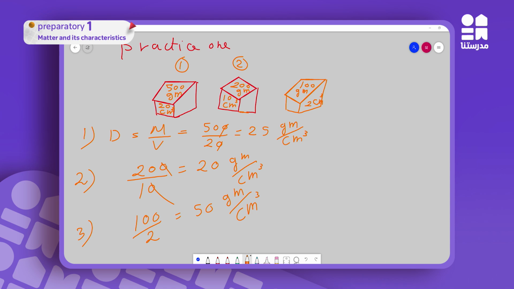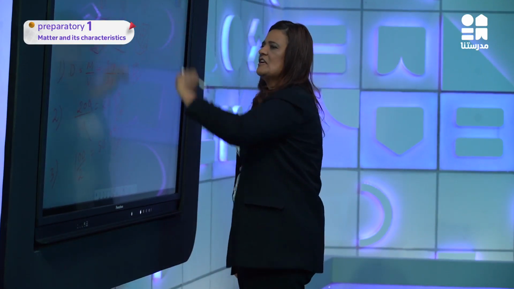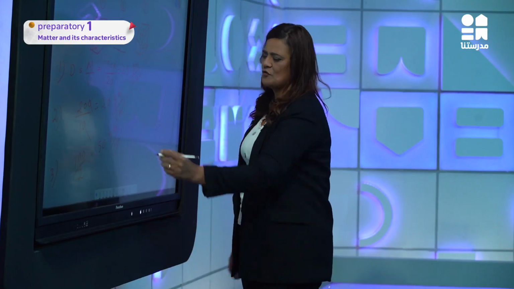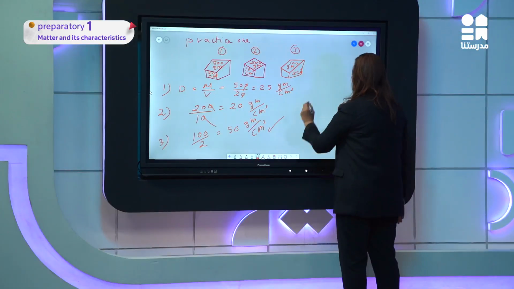Can I arrange them? Which one is the biggest one? Or arrange them descendingly? Do you know what's meant by descendingly? Means من الكبير للصغير. طب مين أكبر واحد فيهم؟ أكبر واحد فيهم مين؟ 3, 1 ولا 2؟ Of course مين؟ 3. So I have here 3, the first one.